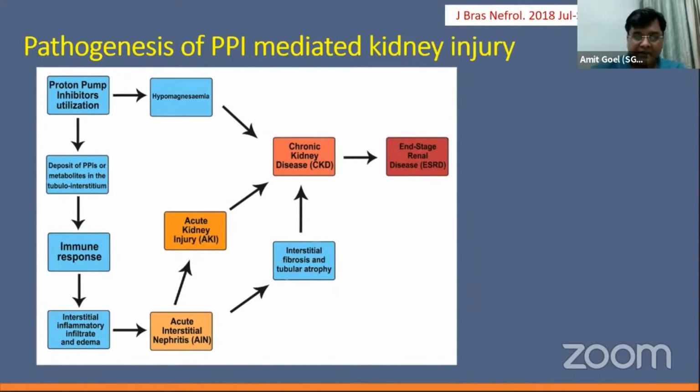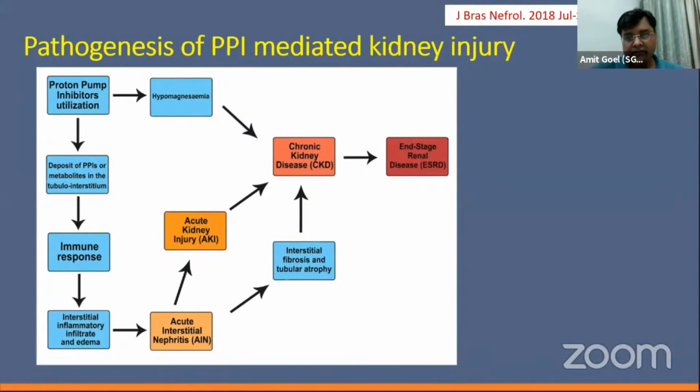Proton pump inhibitor itself or its metabolites, they are deposited in the interstitium. They induce inflammation, invite lymphocytes, which induce inflammation, and immune response causes interstitial edema, which establish the acute interstitial nephritis.